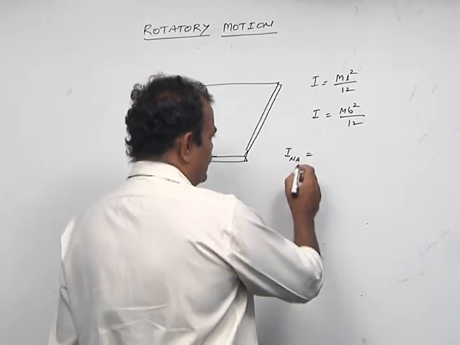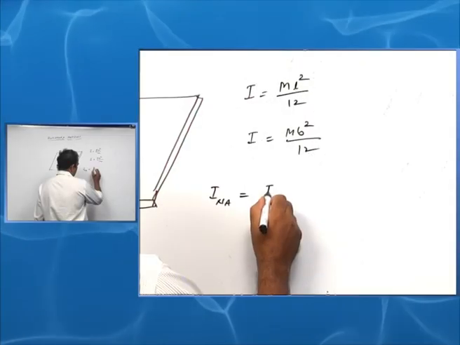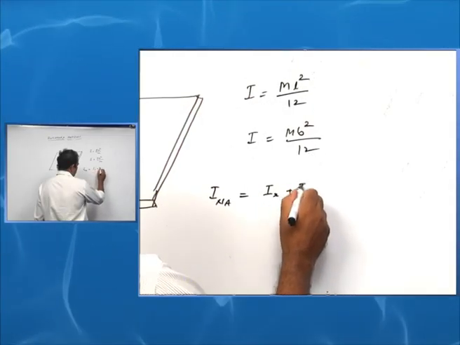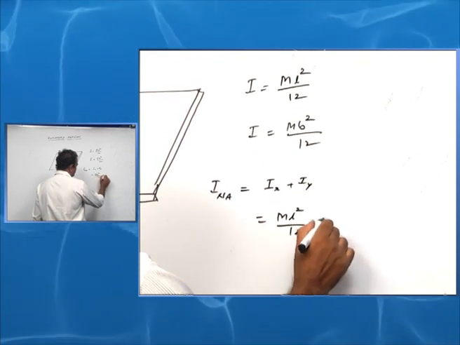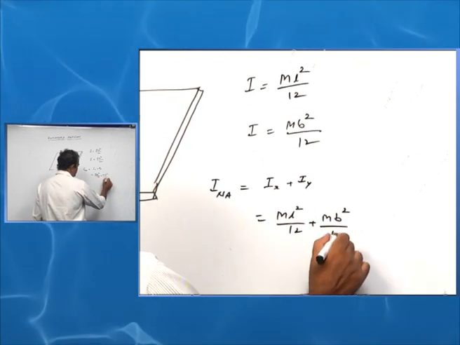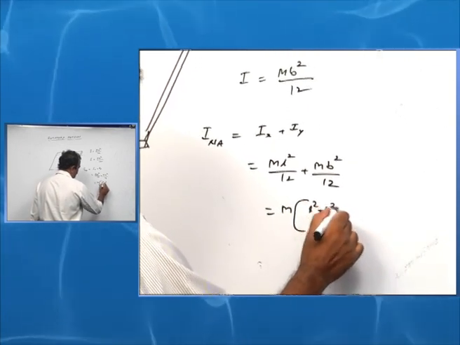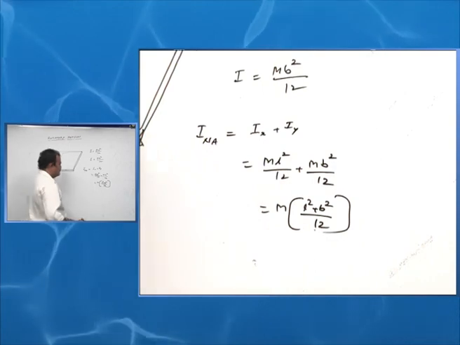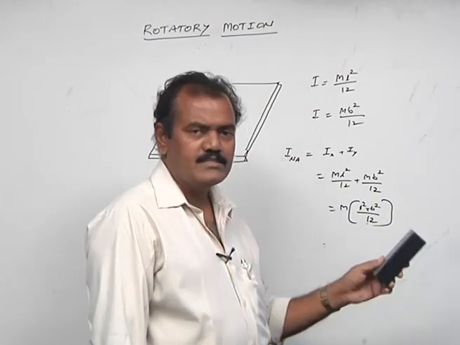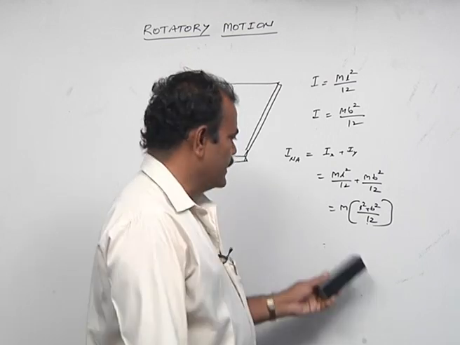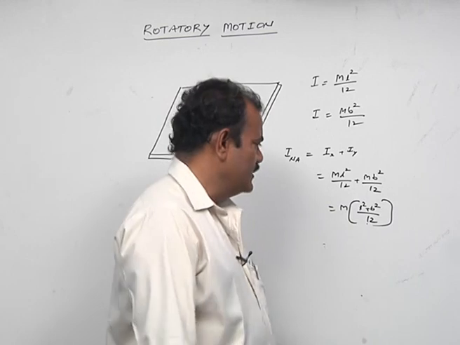In that case, I_NA is equal to Ix plus Iy, that can be taken as ML square by 12 plus MB square by 12, and it is M of (L square plus B square) by 12. That is I_NA to be taken in case of the rectangular lamina. So for the rectangular lamina, I_NA is equal to M of (L square plus B square) by 12.